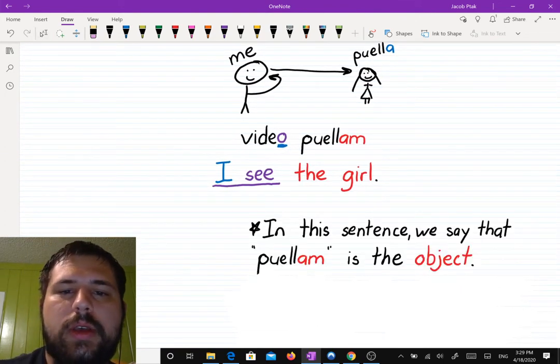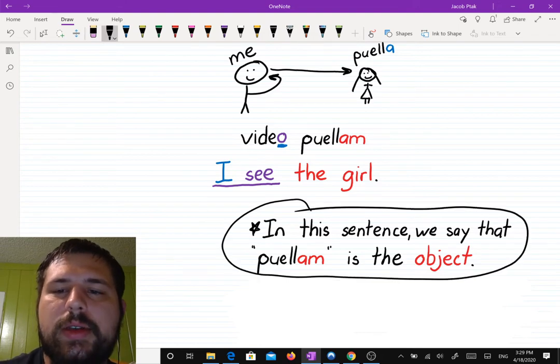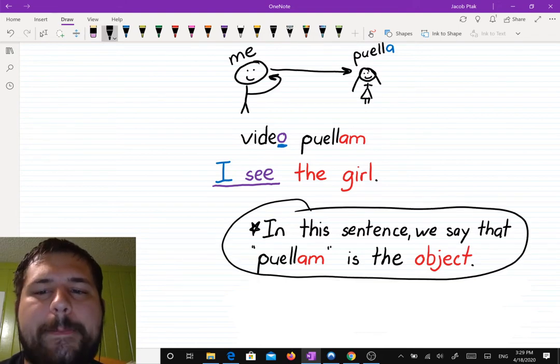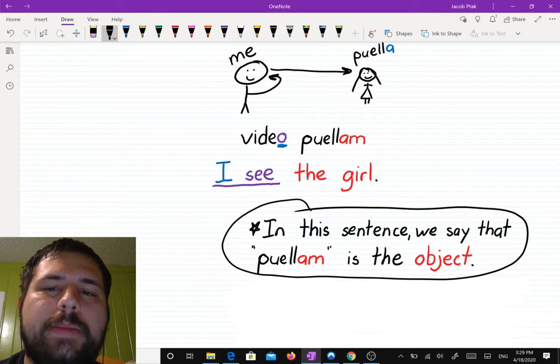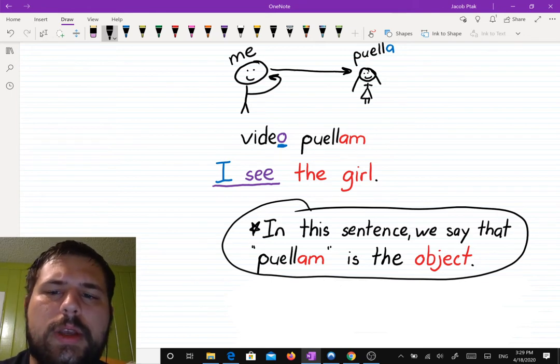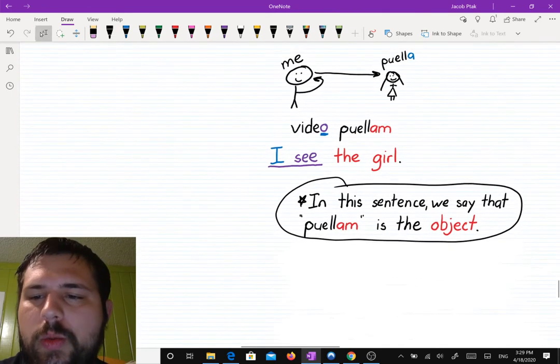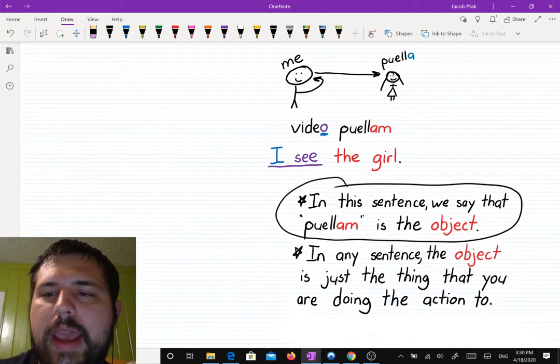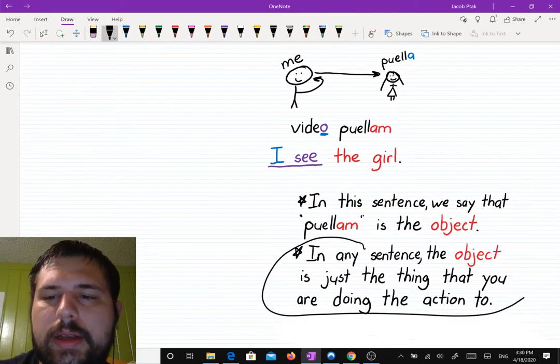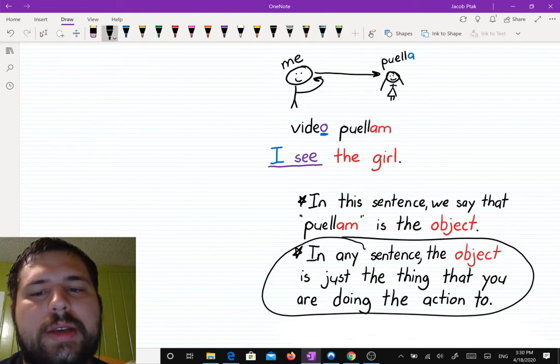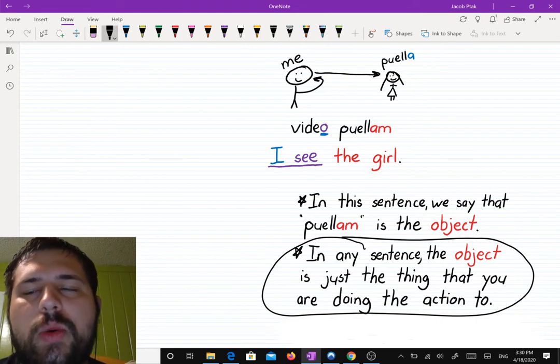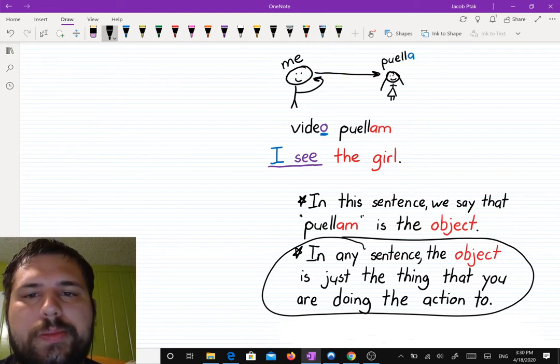First, in this sentence, we say that puellam is the object. So what is an object? Well, in any sentence, the object is just the thing that you are doing the action to.